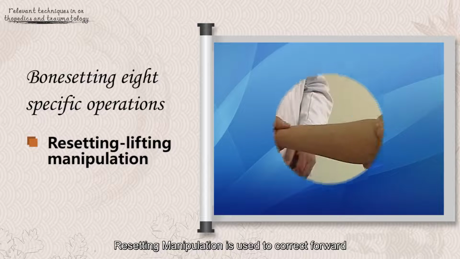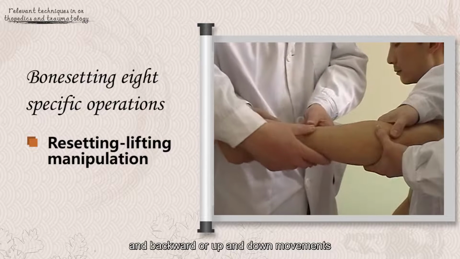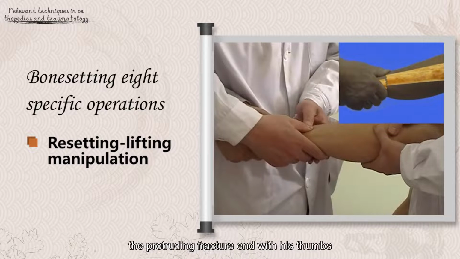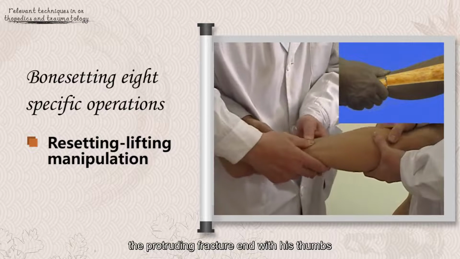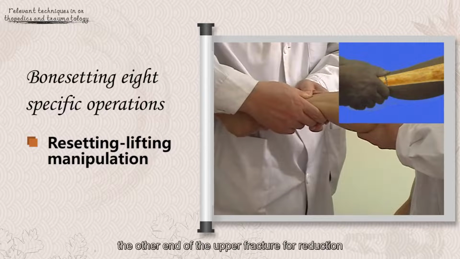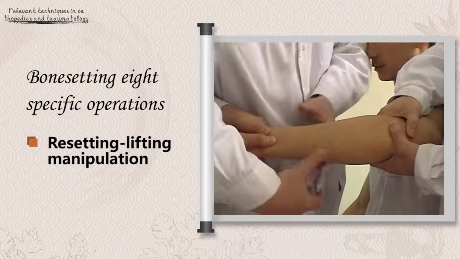Resetting manipulation is used to correct forward and backward or up and down movements. The operator presses down the protruding fracture end with his thumbs, and the other 4 fingers point to the other end of the fracture for reduction.